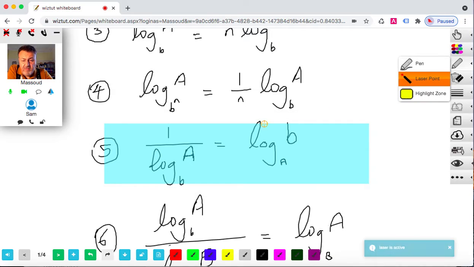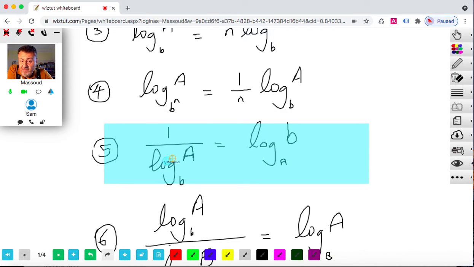This is also useful: if the log is not in the numerator but in the denominator, so if you've got a reciprocated log, 1 over log of a to the base b, that is equivalent to log of b now being the subject and a now being the base.